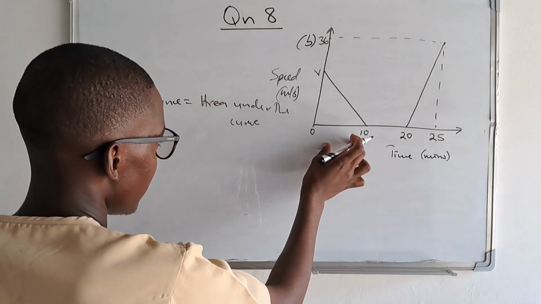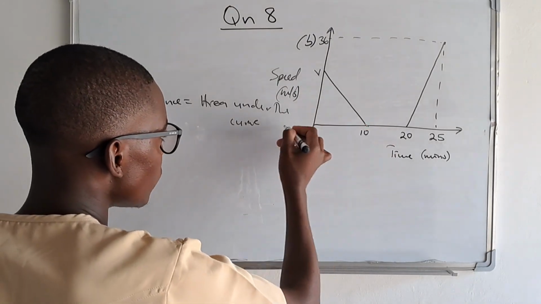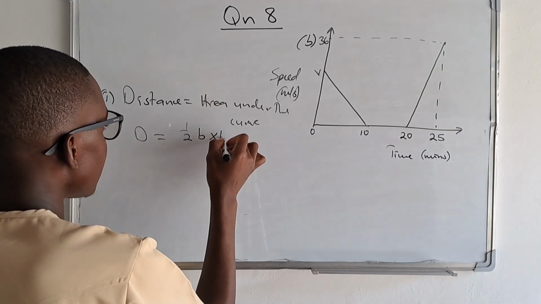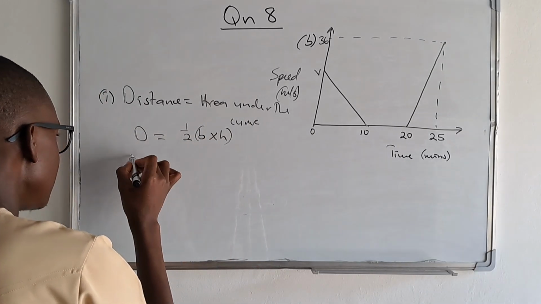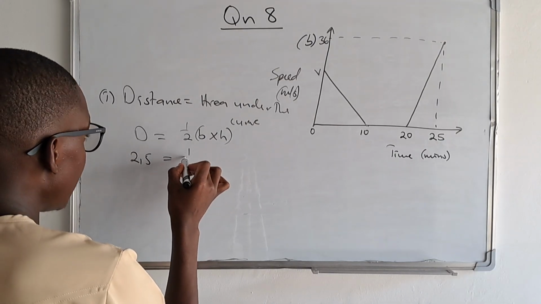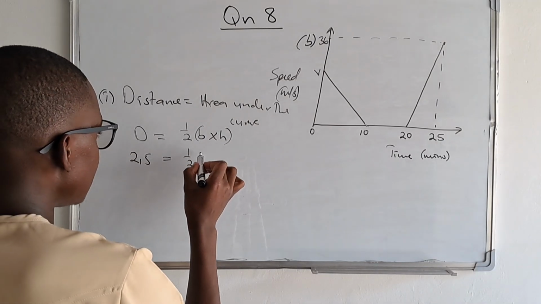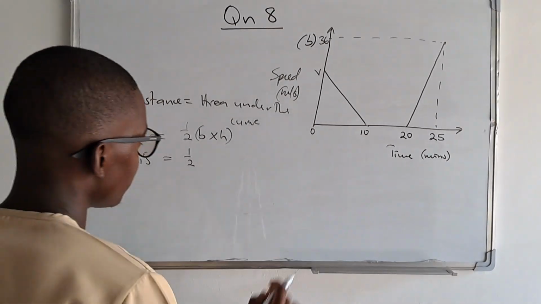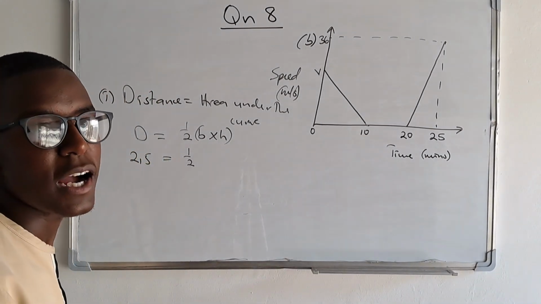Since distance is equal to the area under the curve, this one is a triangle. We are dealing with this part only. Since it is a triangle, the area is half base times height. Our distance is 2.5, times half. But remember, our base is given in minutes. We need to convert to hours.